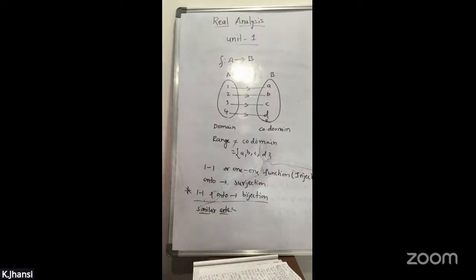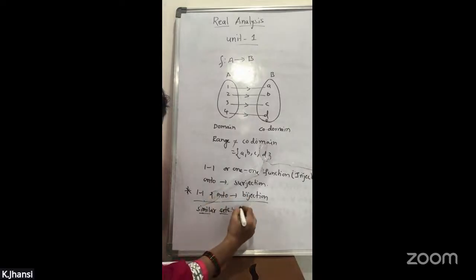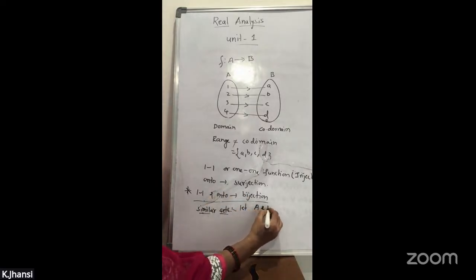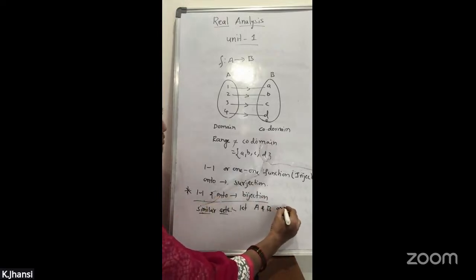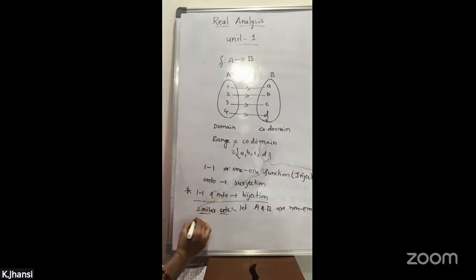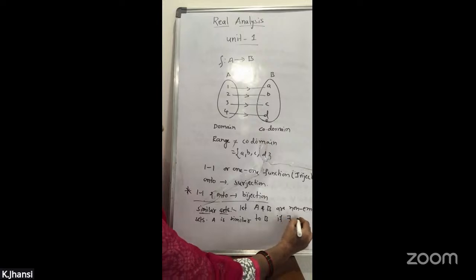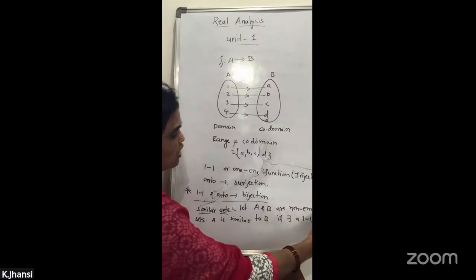Let A and B be non-empty sets. A is similar to B if there exists a one-to-one and onto map from A to B. This definition you may not have in your textbook, so you can take this one.